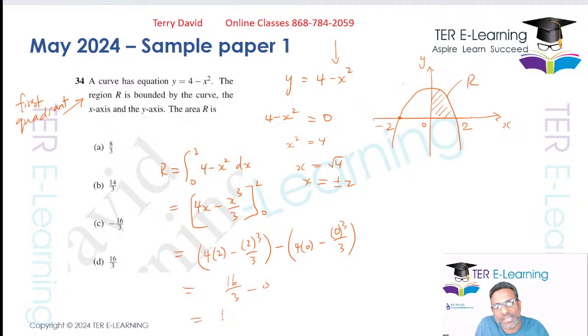So this is going to be 16 over 3. So the answer is going to be D. I know for some of these questions, you can just use a calculator and work it out. Right, so that's question 34.